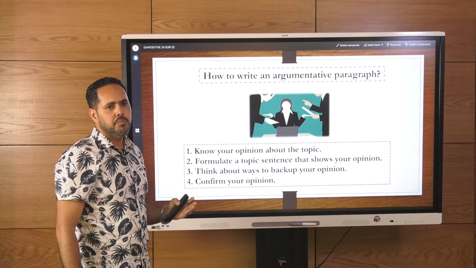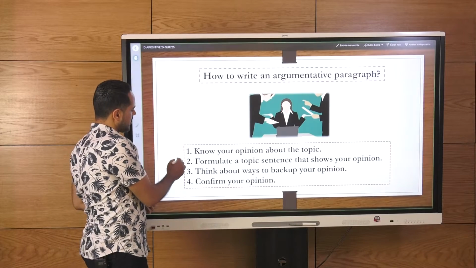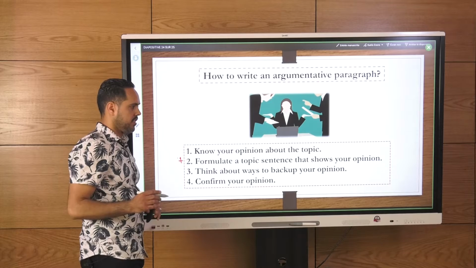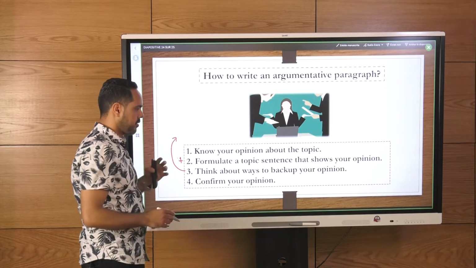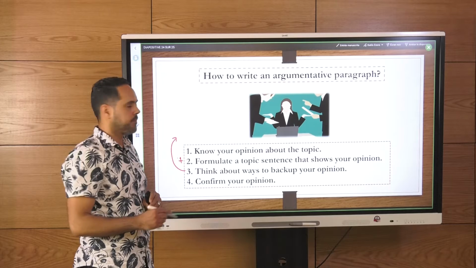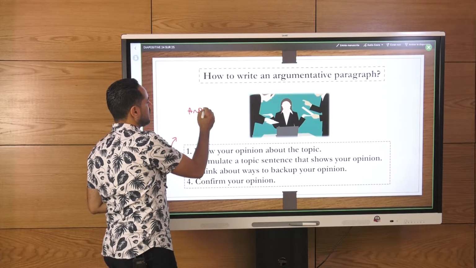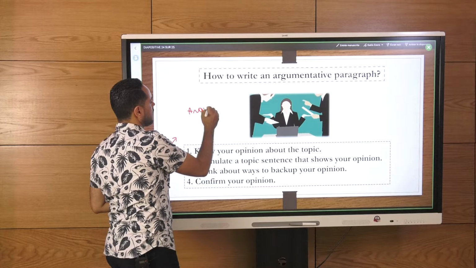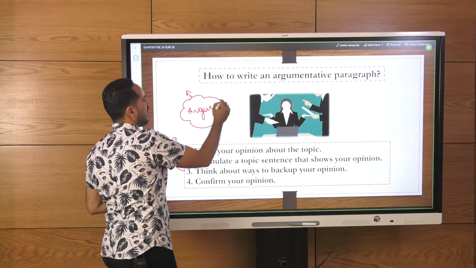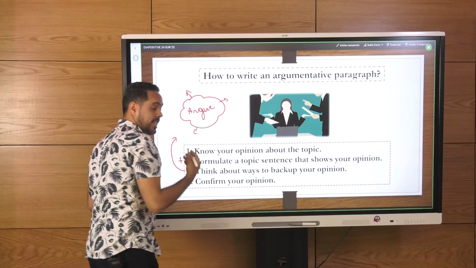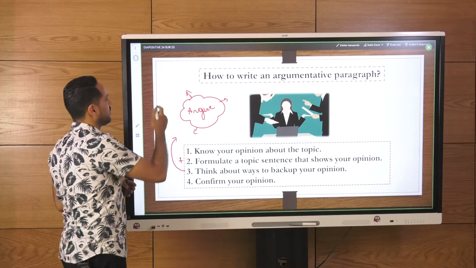Now, in the example of writing we will study today, we already have a topic sentence. It's already there. So we need to move to the third step, which is to think about ways to back up your opinion. In argumentation, or when you want to argue, it's necessary to have an idea about techniques or mechanics that can help you support your opinion.